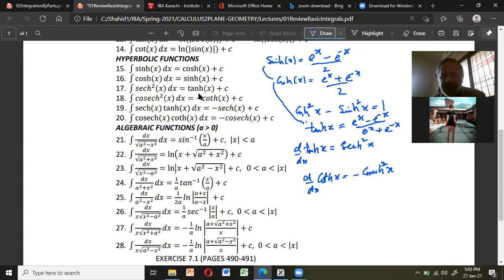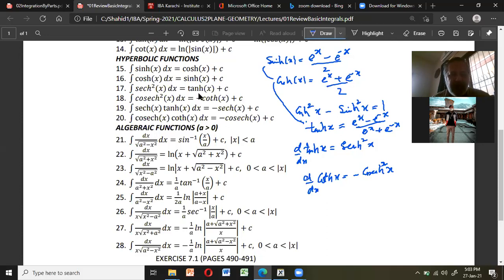power minus x divided by e power x plus e power minus x. So the derivative can be found through this, and it comes out to be 1 upon cos hyperbolic square, that means the square of this in the denominator. Similarly, the derivative of secant. In trigonometry it becomes secant into tangent, but in hyperbolic functions the derivative of secant hyperbolic comes out to be negative of secant hyperbolic into tangent hyperbolic, and so on.